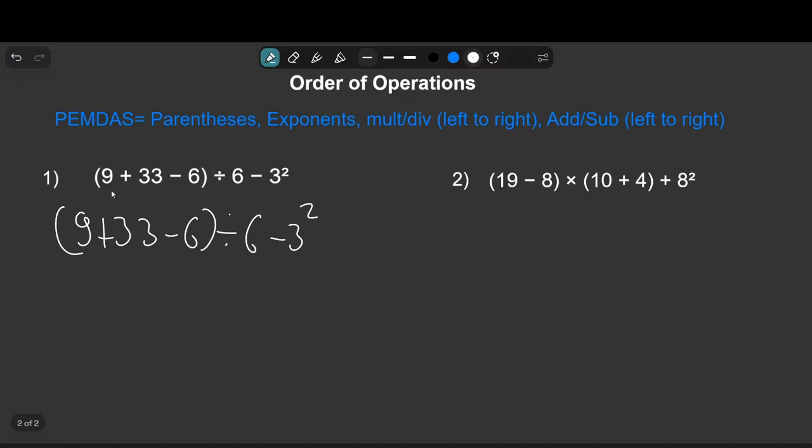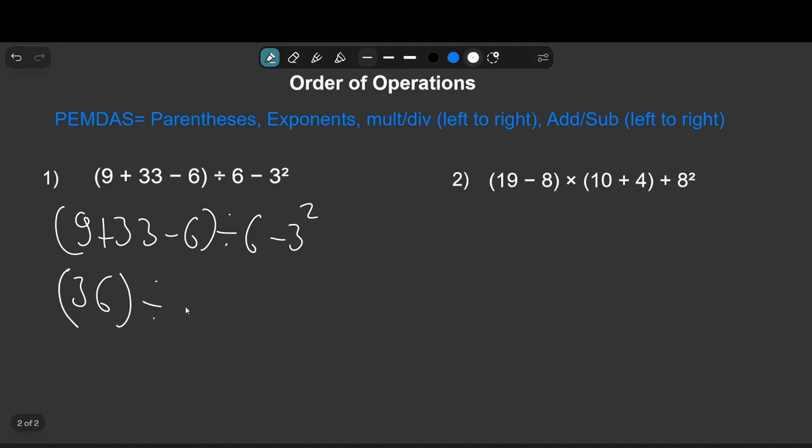This one isn't very hard, because you can just do 9 plus 33 and minus 6, which equals 36. So like this. Now we have our first thing done.